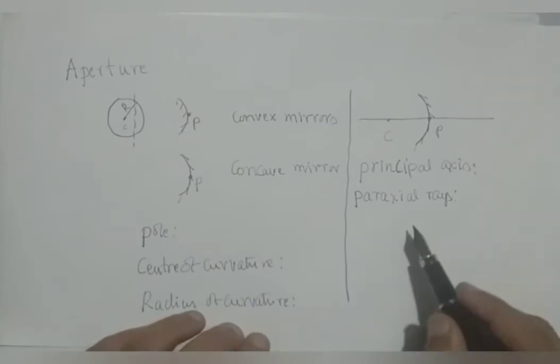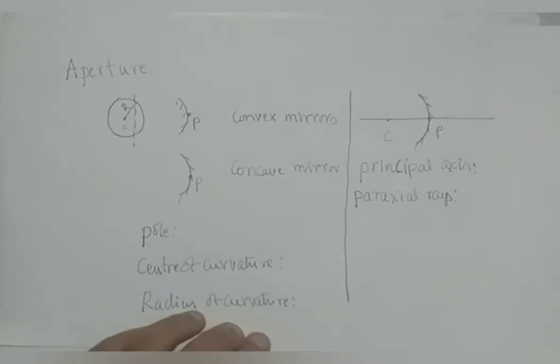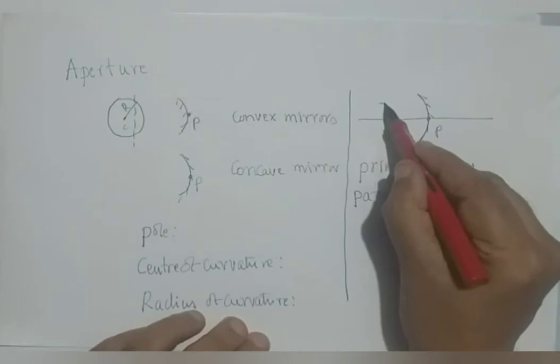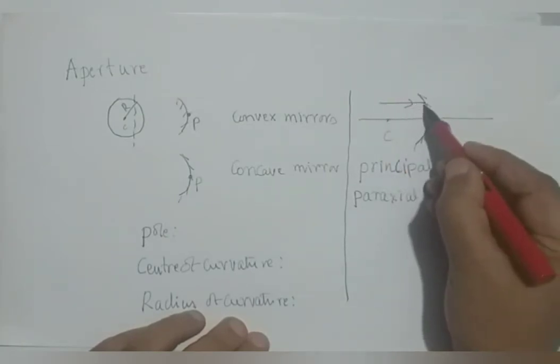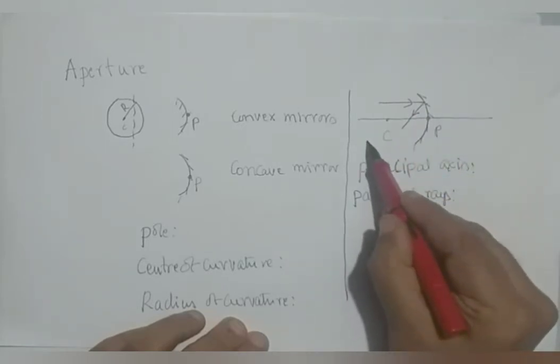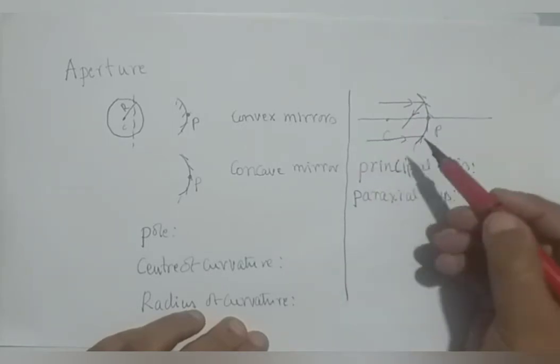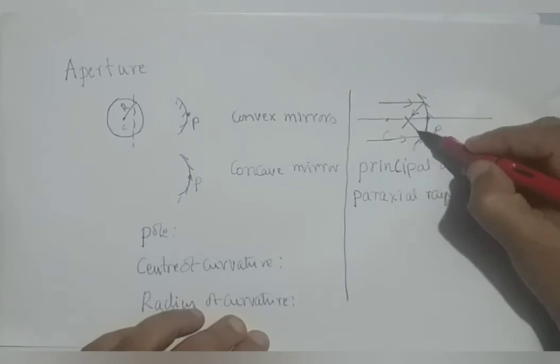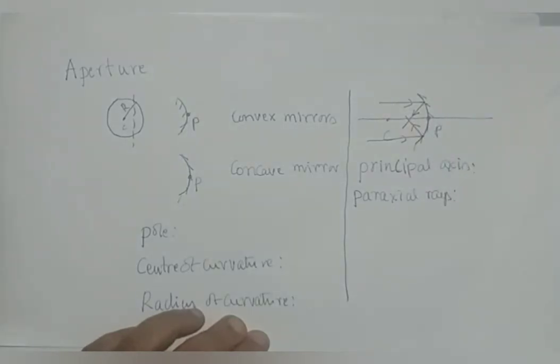Now, if a parallel beam of light rays falls on the mirror, then it converges to a point like this. Just observe. In the same manner, if I draw another light ray this way, that also converges to a point like this.